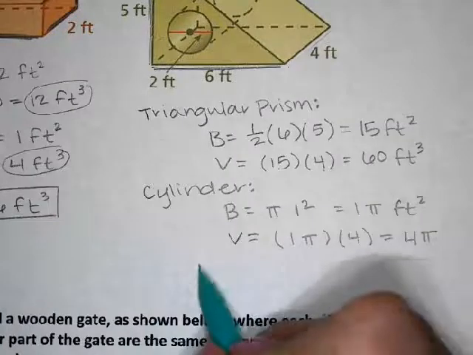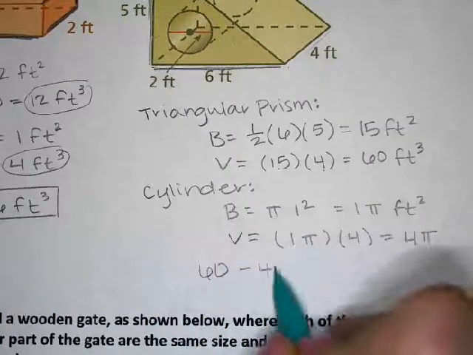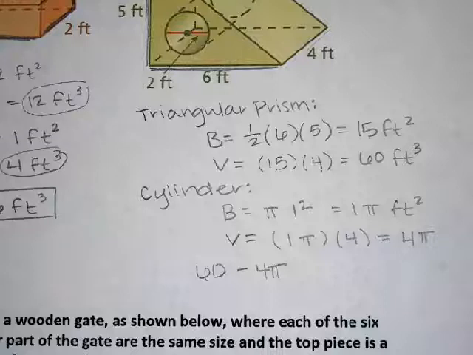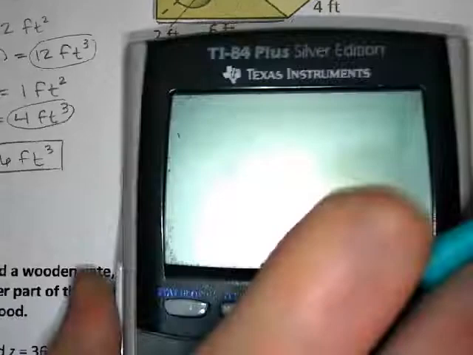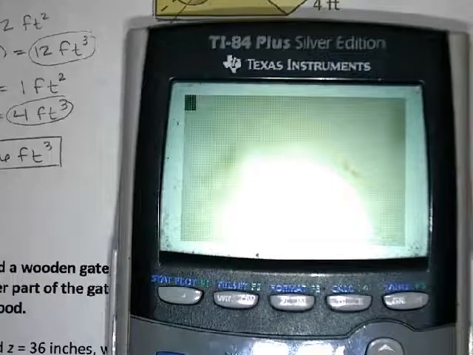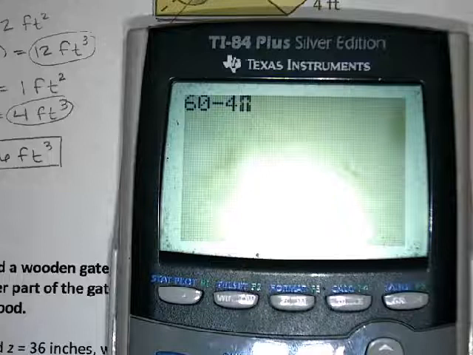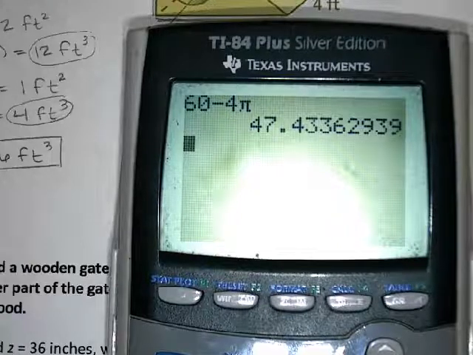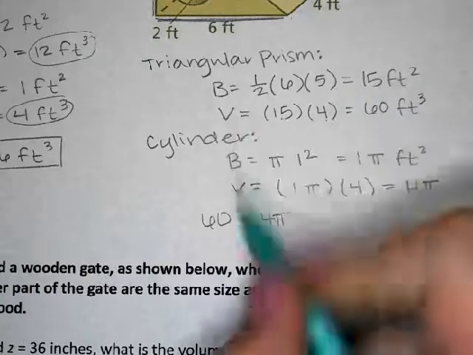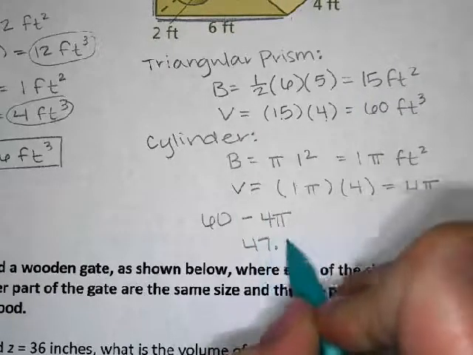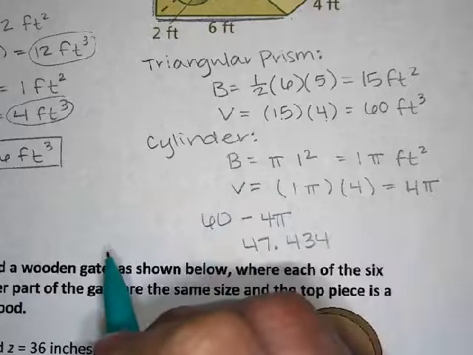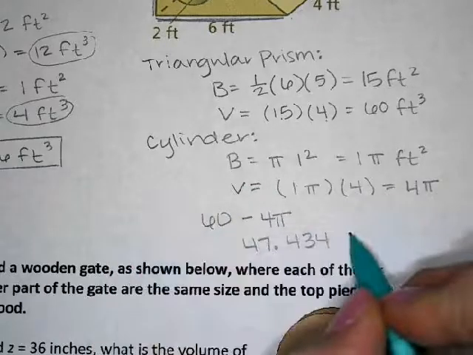So now to find the overall volume, I just need to do 60 minus 4 pi, and we could leave that as the final answer if we wanted the answer in exact form, but if somebody gave me the volume of one shape and it had 2 terms like that, I'd be kind of weirded out, so we can go ahead and just type that in and see what it is. So 60 minus 4 pi, 47.434. Yep, and that would be feet cubed.